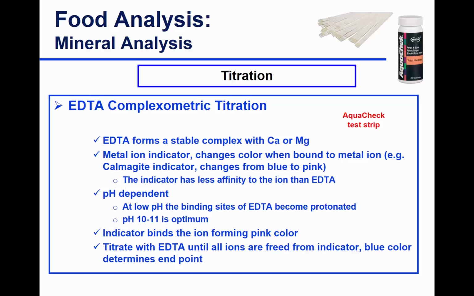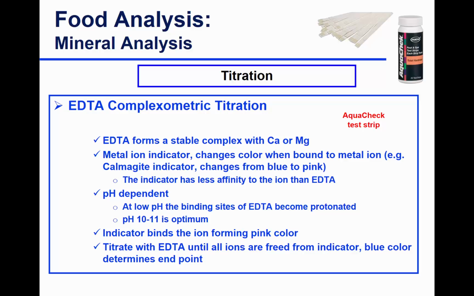And you use an indicator in the titration. In this case, it's very common to use Calmagite indicator, and once it binds to a metal, it changes color. So when it's not bound to any calcium or magnesium, it's blue. Once it binds to a metal, it becomes pink. So the principle of the reaction is to select an indicator that has less affinity to the ion than EDTA, because you have your sample and you have your indicator, and the indicator binds to your calcium or magnesium.